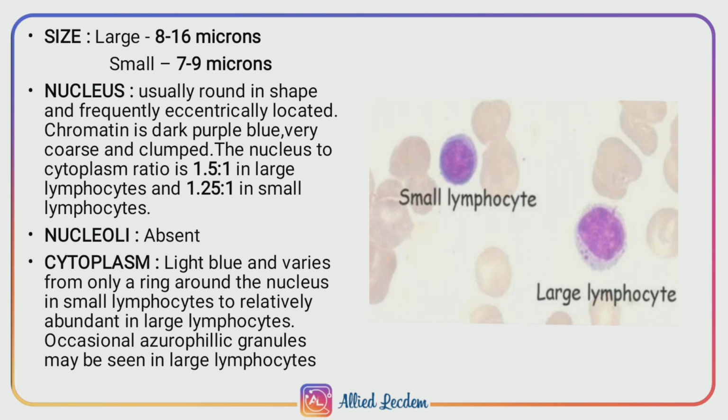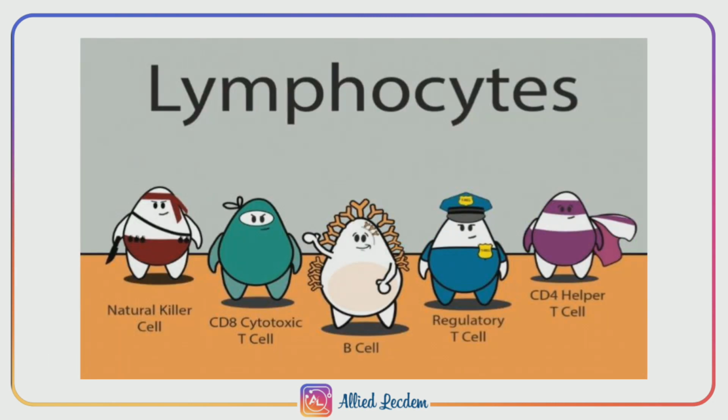And in large lymphocyte, occasional eosinophilic granules are seen. Here come some types of lymphocytes like natural killer cell, CD8 cytotoxic T cell, B cell, regulatory T cell and CD4 helper T cell.